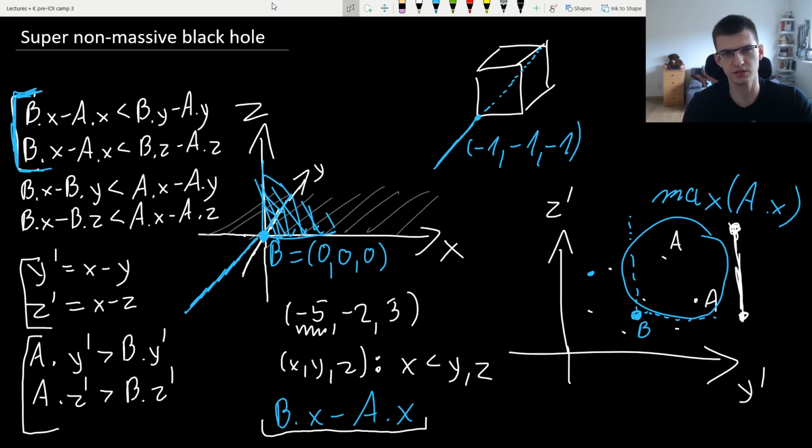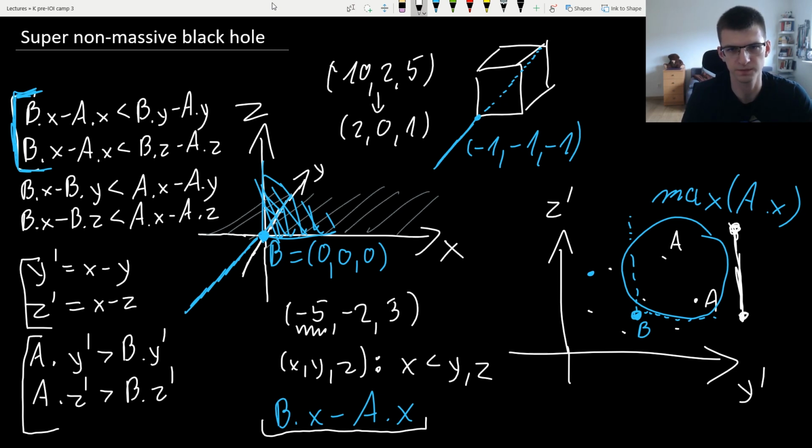At the beginning, sort everything, remove repetitions, and so the standard thing, if you have 10, 2, and 5, you need to change that into, say, 2, 0, and 1. I think we talked about this already. So whatever, doesn't matter.